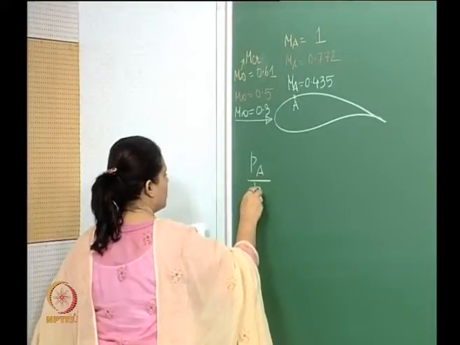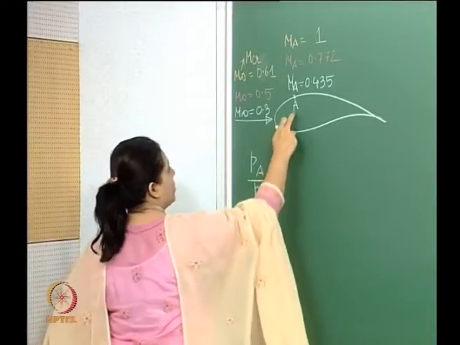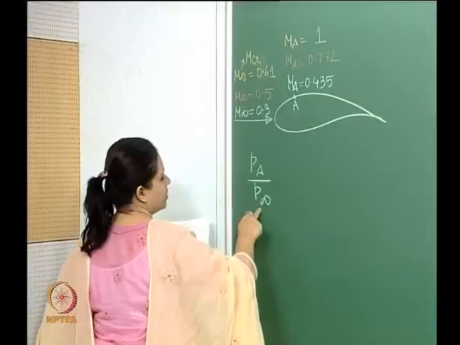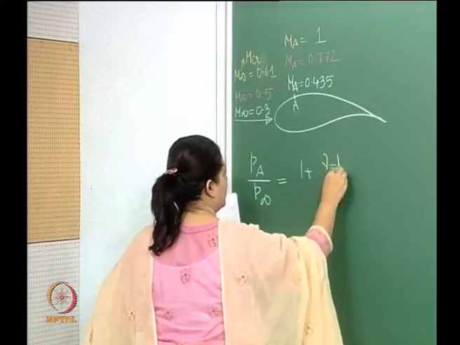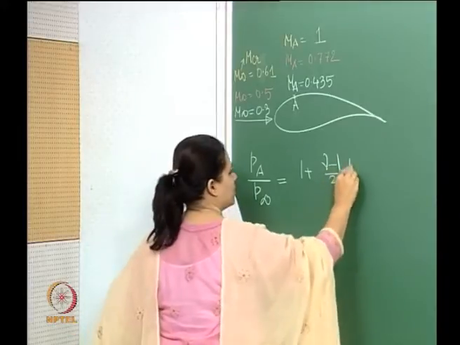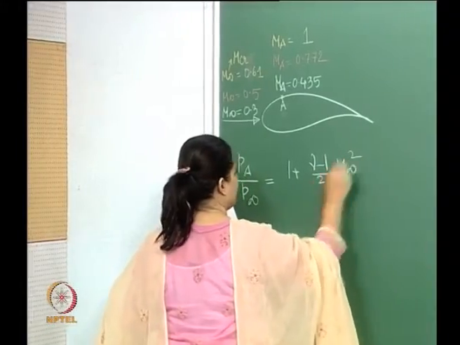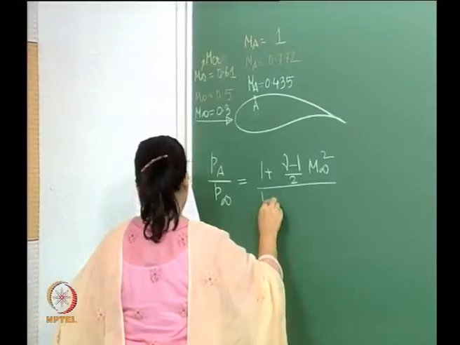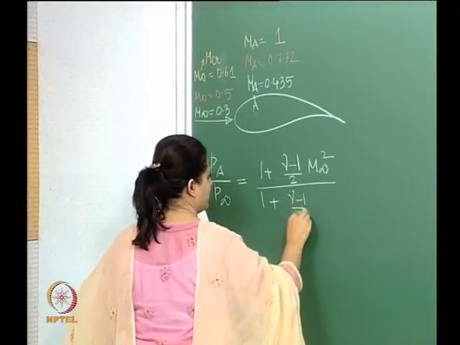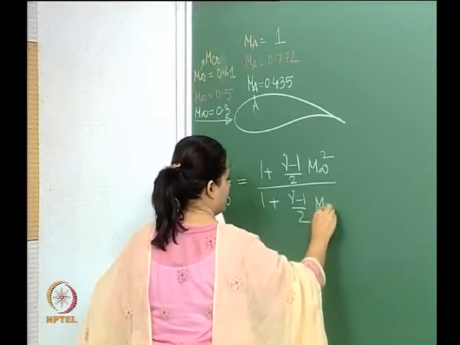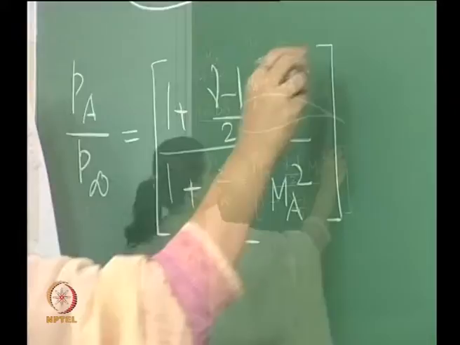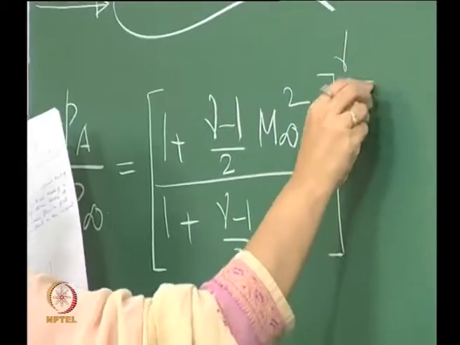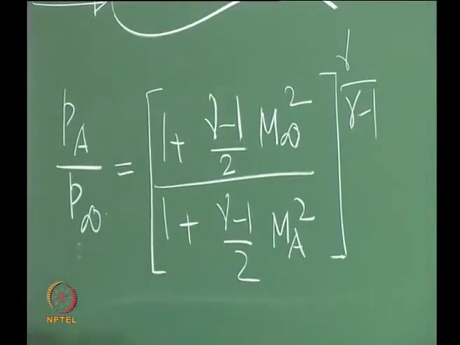Now, having driven this down, if you remember the isentropic relationships, P A, the pressure at A, and this is the free stream, would be given by the isentropic relation.